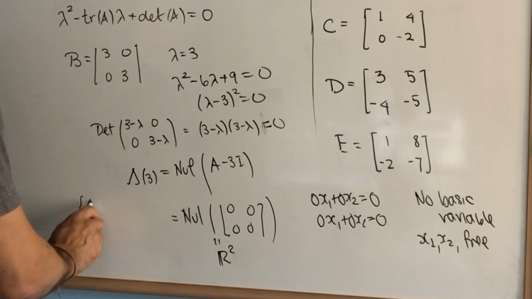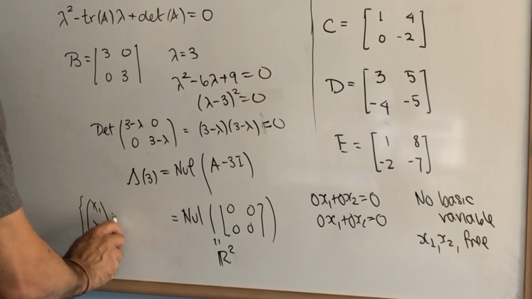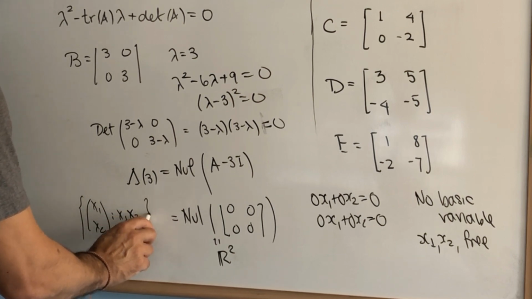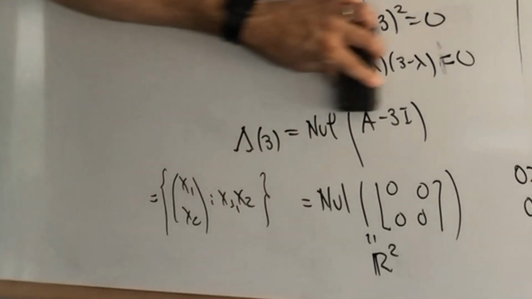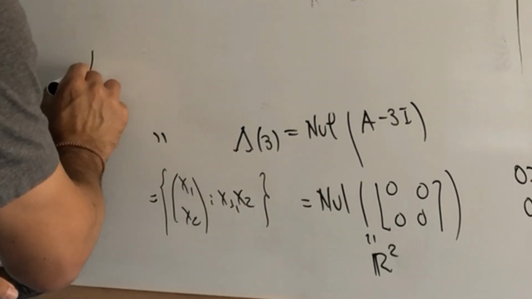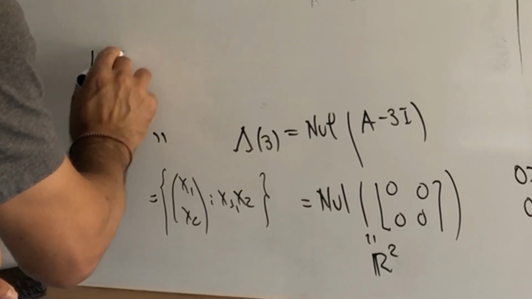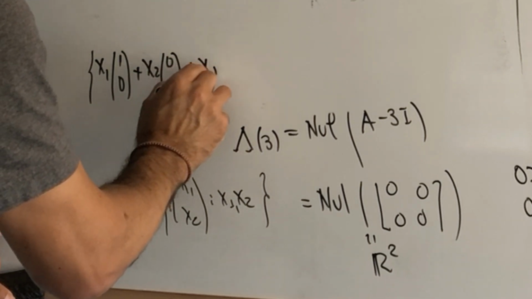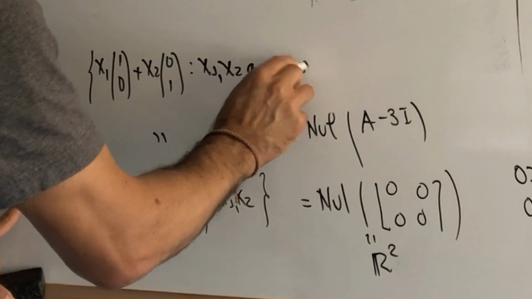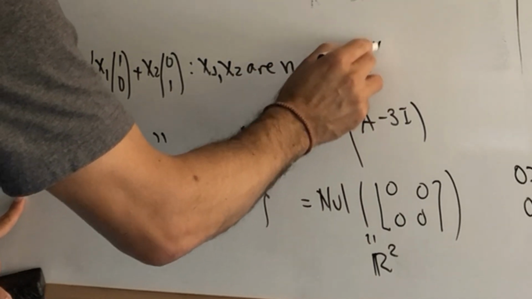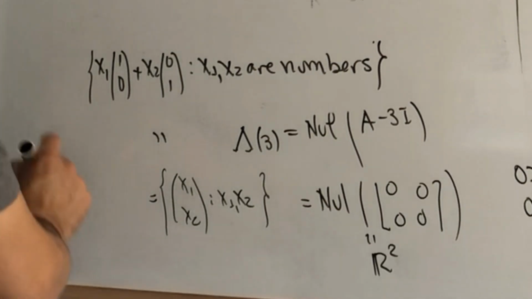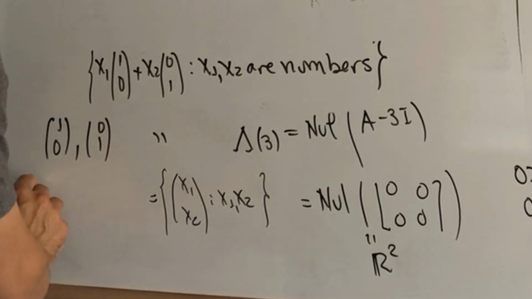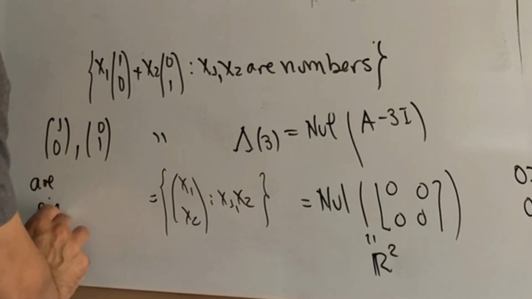It's going to be the set of x1, x2 such that x1 and x2 are numbers. And then we can write this as x1 times (1, 0) plus x2 times (0, 1), such that x1 and x2 are numbers. And in this case, we have that the vectors (1, 0) and (0, 1) are eigenvectors.